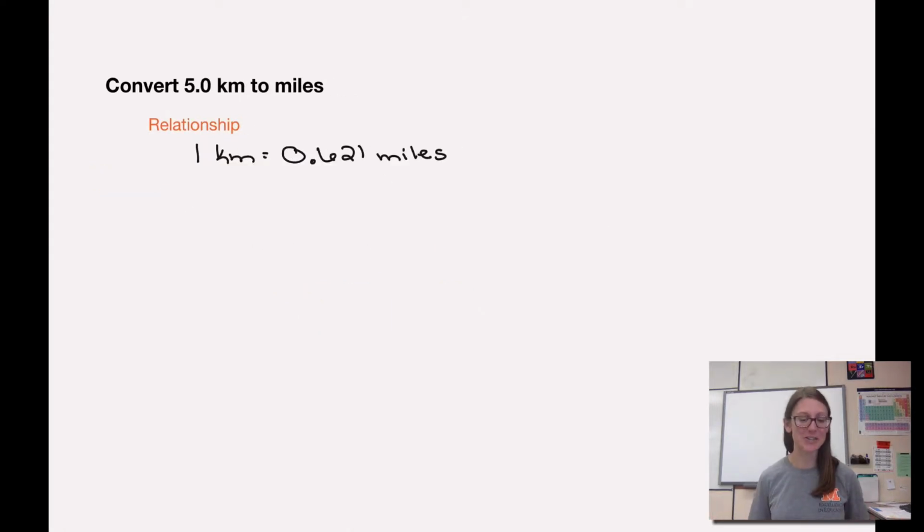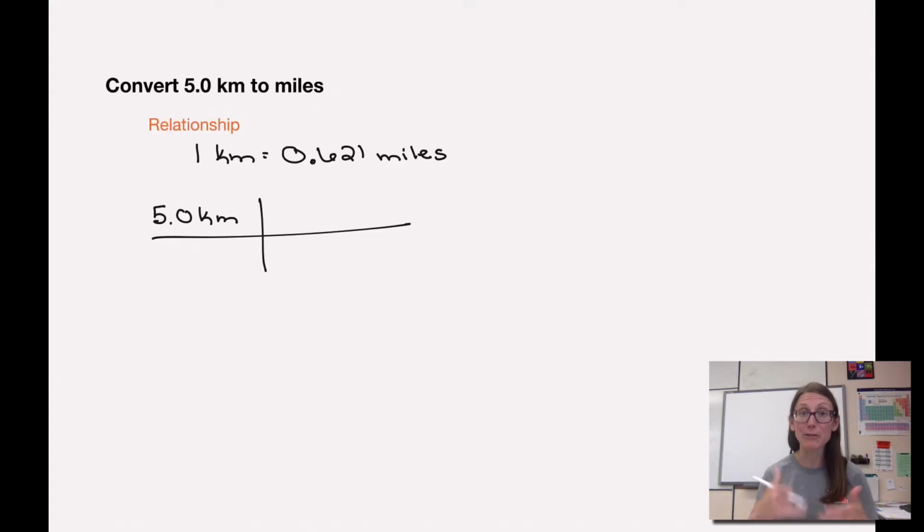Okay, let's take a look at another example. So here we want to convert 5 kilometers into miles. Again, we need a relationship. 1 kilometer is 0.621 miles. Now that you have that, it's time to set up the dimensional analysis problem. So the unit or the measurement we're converting starts us off. So we've got 5 kilometers.